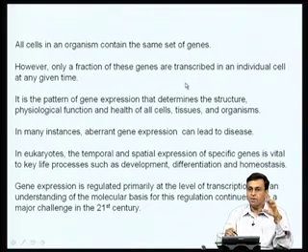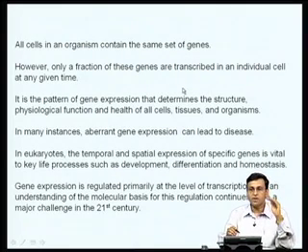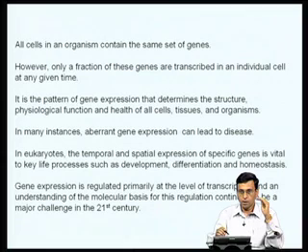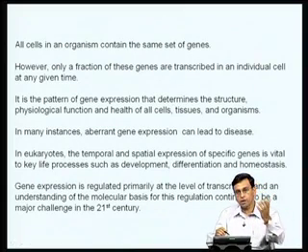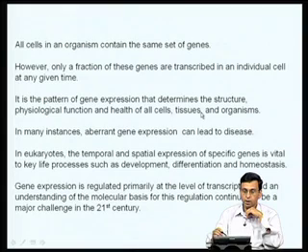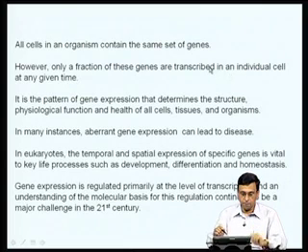So, the same complement of genes is not transcribed in every cell of our body. This is what is called differential regulation of gene expression, and this is what is responsible for a liver to look like a liver, or a muscle tissue to look like a muscle, or a brain tissue to look like a brain, and so on. Only a fraction of the total complement of genes is transcribed in an individual cell at any given time.